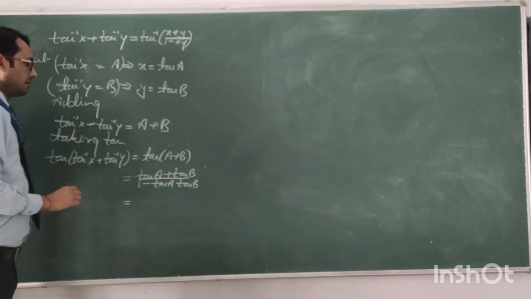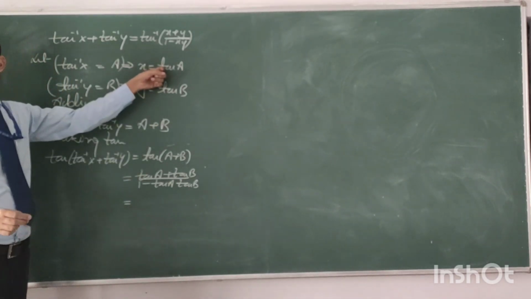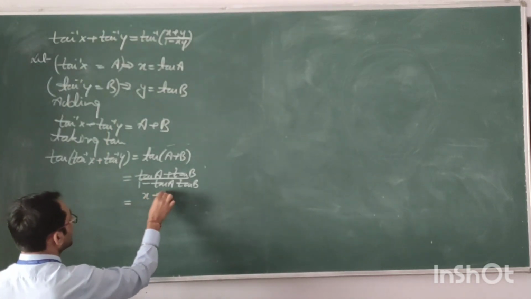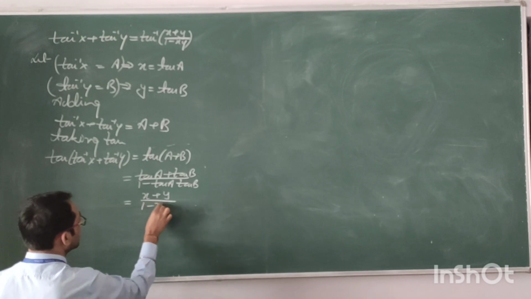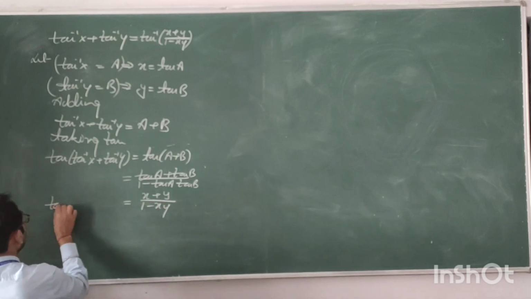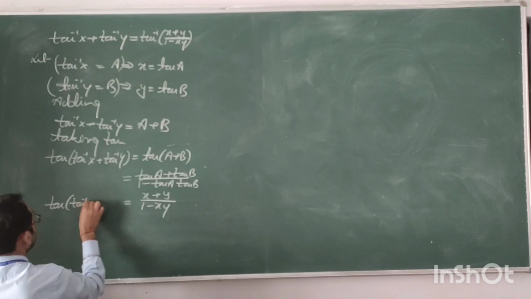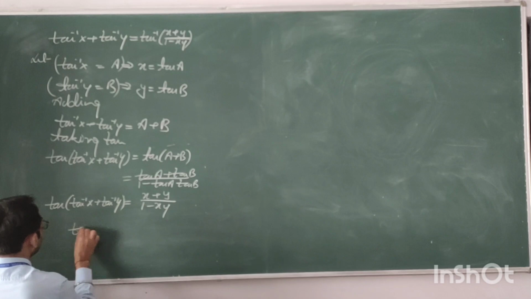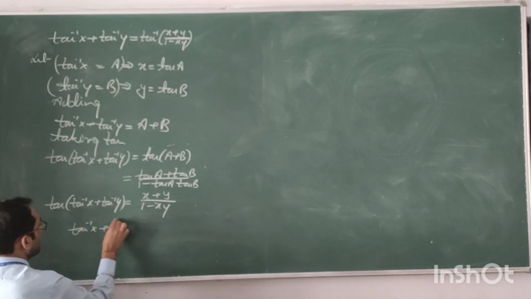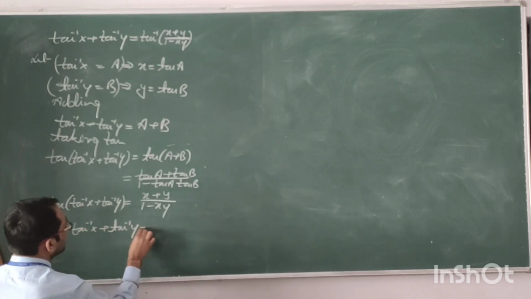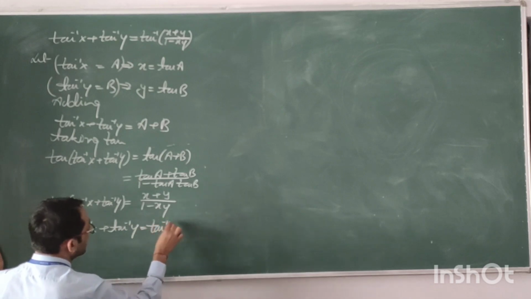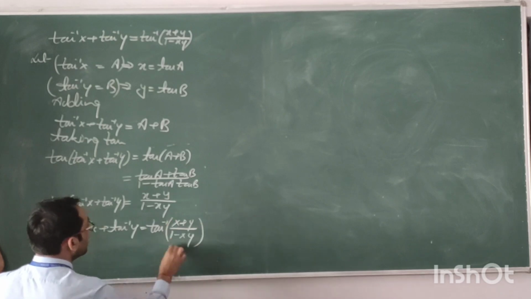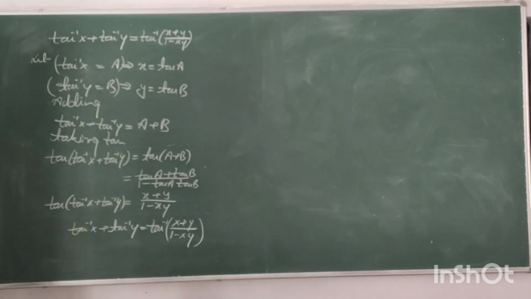Hope it is okay. Now tan a can be written as x and tan b can be written as y. So it will be x plus y upon 1 minus xy equals tan of (tan inverse x plus tan inverse y). So tan inverse x plus tan inverse y will be equal to tan inverse of x plus y upon 1 minus xy. This will be the identity.